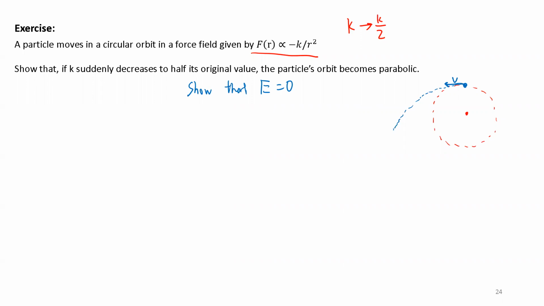Before anything happens, before the k is changed, I have this total energy, which I call E naught. And this is given by 1/2 mv squared minus k divided by R. Let me just say that the initial radius is this capital R.